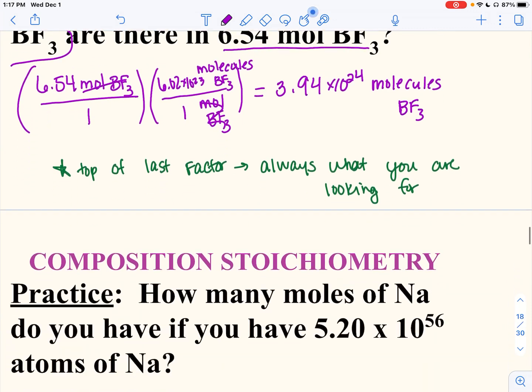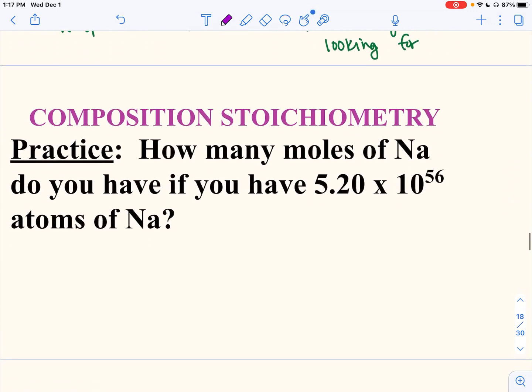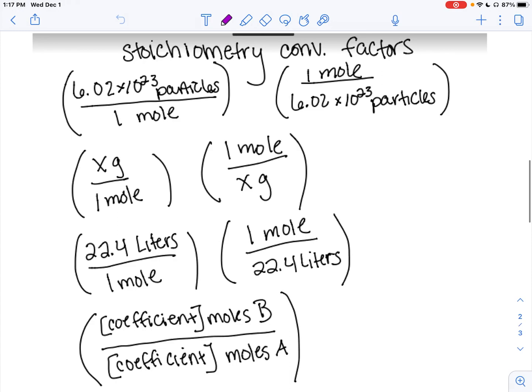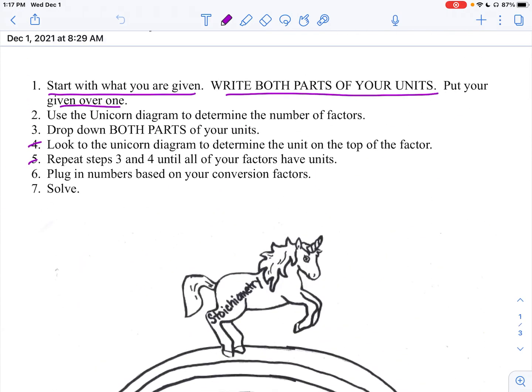So let's try another one of these. Here we're given atoms, which is a particle, of Na, and we're looking for moles of Na. So we're going to do the same set of steps. We're going to start with our given over 1.